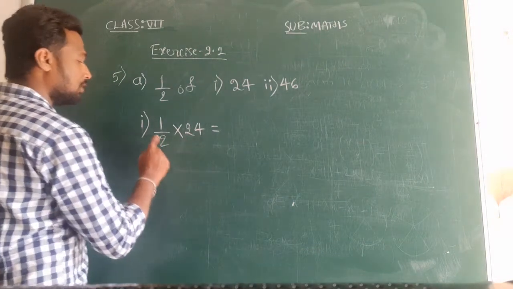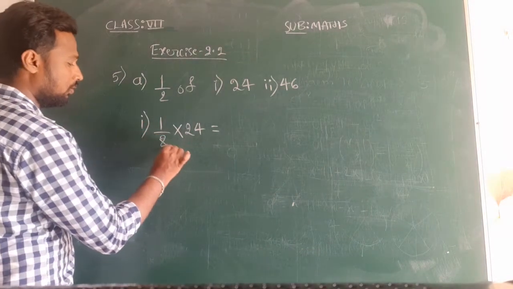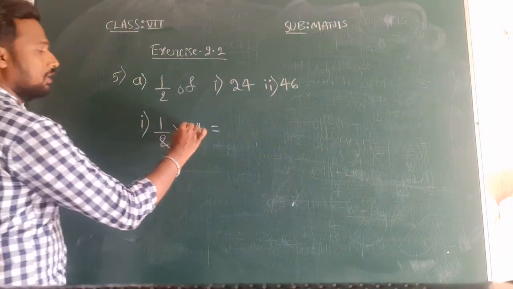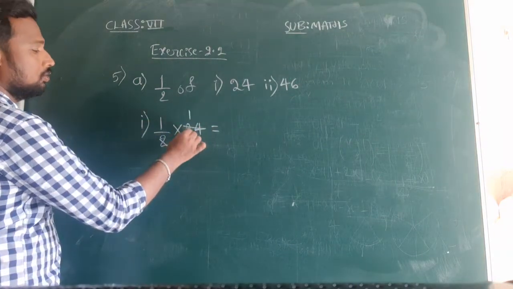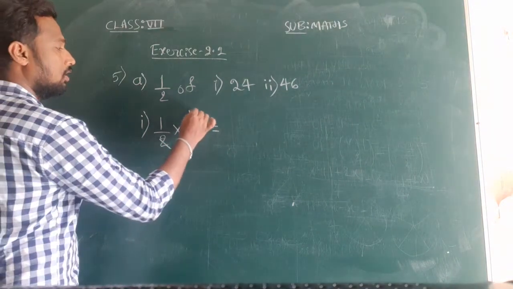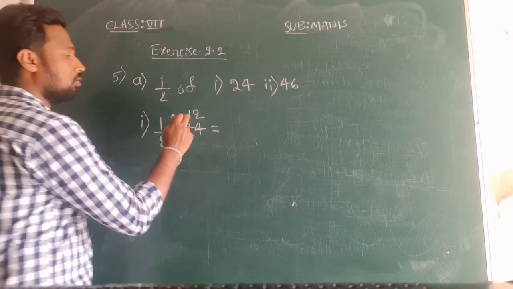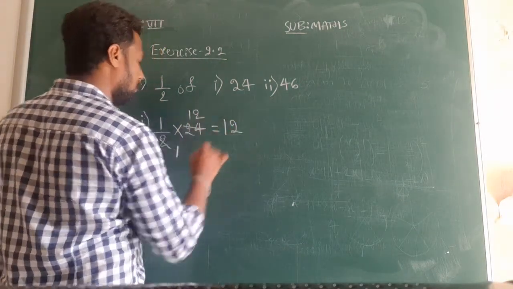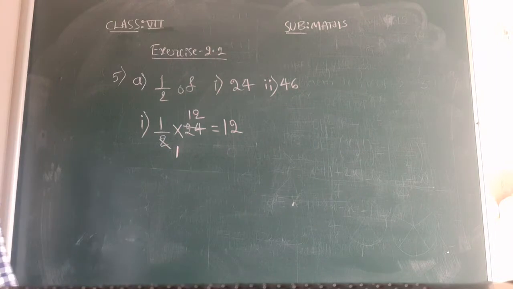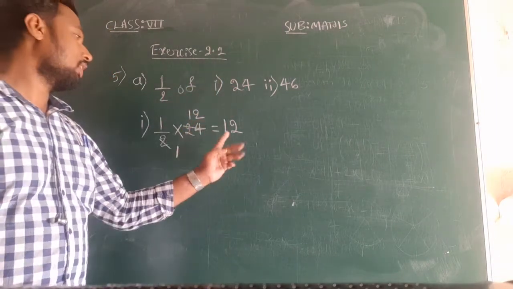All these numbers come in table 2. Therefore, I will start dividing with the help of 2. So 2 ones are 2, and the first number is 2, therefore 2 ones are 2. Next we have 4, that is 2 twos are 4. Now 1 into 12 means we will get 12, and in the denominator it is 1, so no need to write that. So 1 by 2 of 24 is 12.